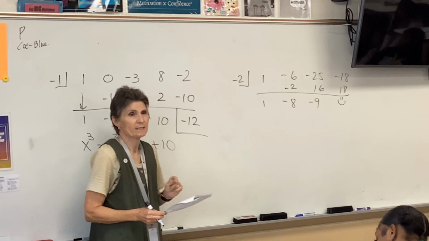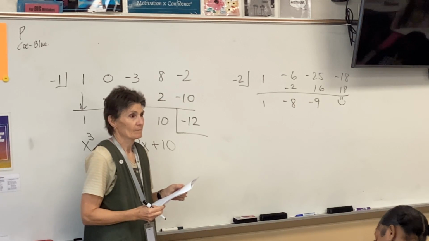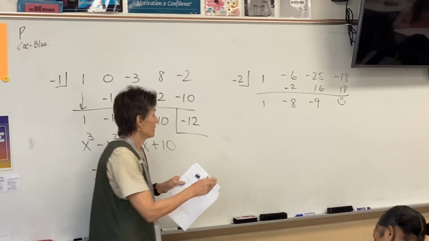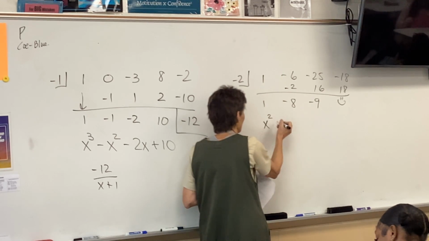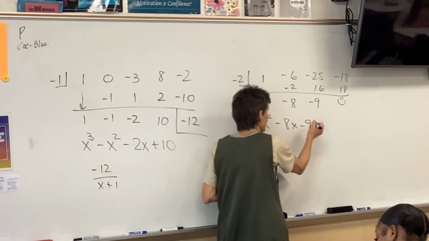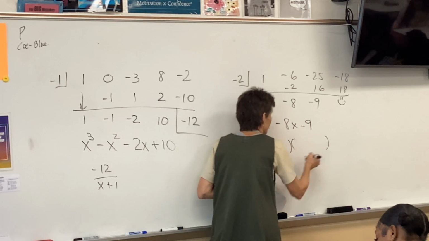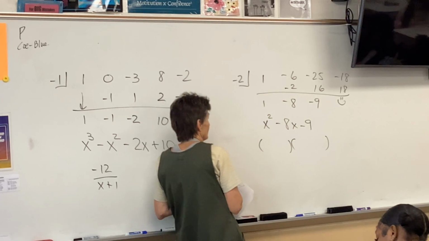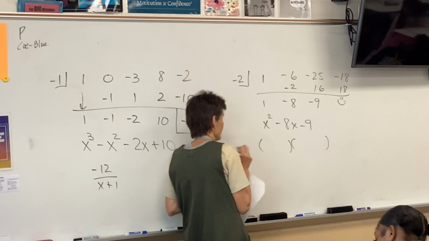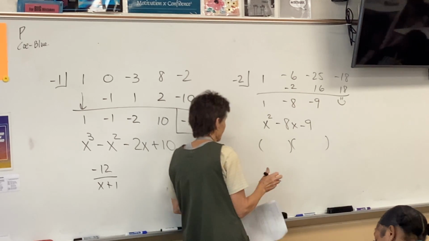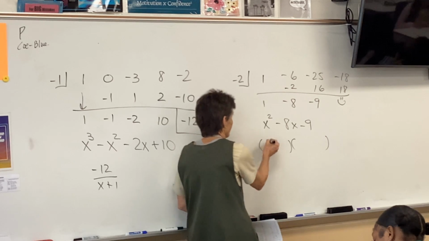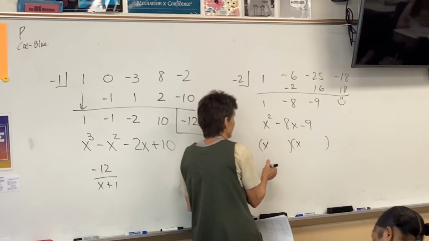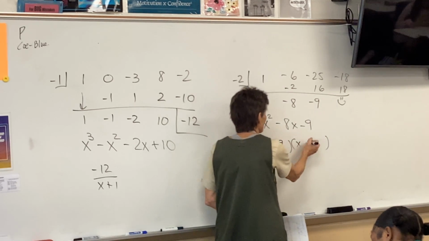What are we interested in? This guy, yeah, what are the factors of this guy? This is x squared minus 8x minus 9. That does factor. How does that factor? Minus 9 plus 1.